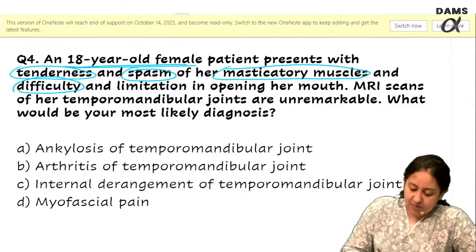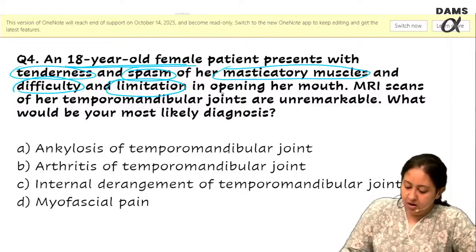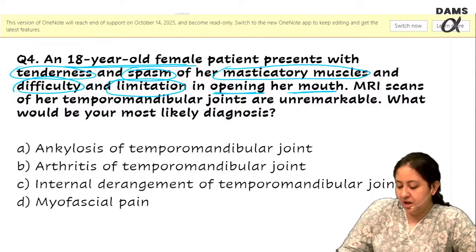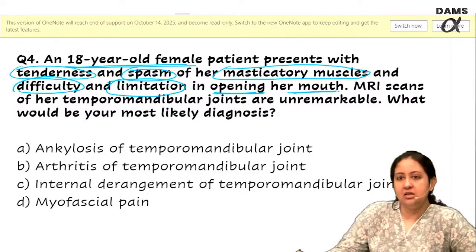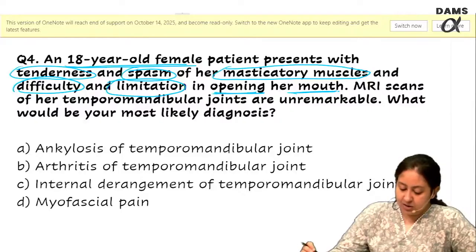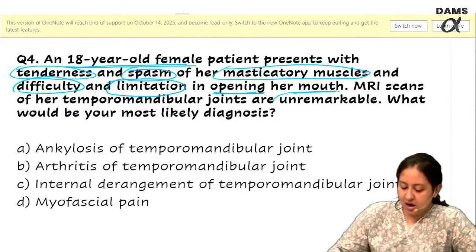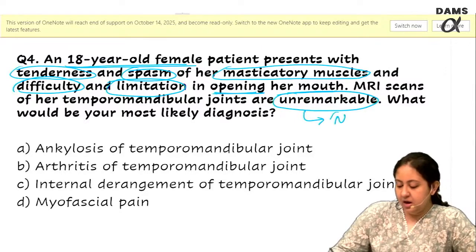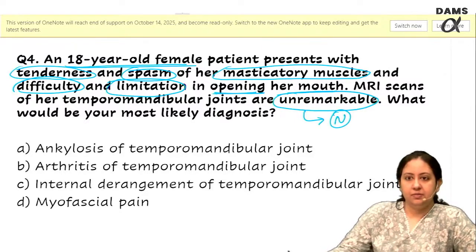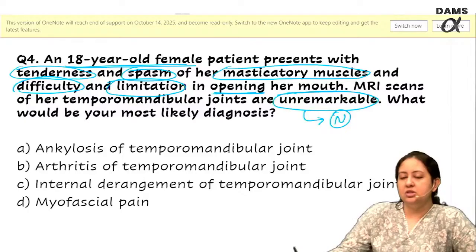Difficulty and limitation in opening her mouth. That is, mouth opening is restricted and it is difficult and painful also. MRI scans of her temporomandibular joints are unremarkable. That means MRI is normal. What would be the most likely diagnosis?